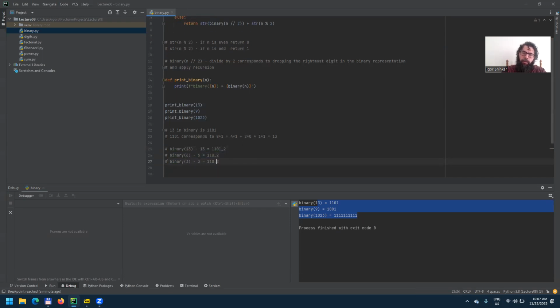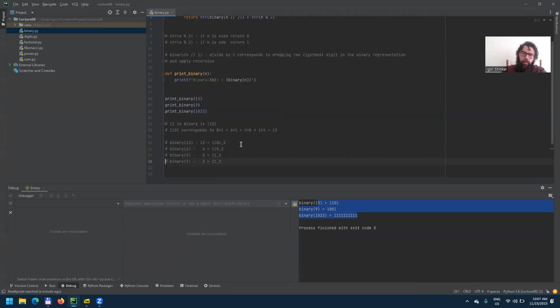This one makes a recursive call to 3, which drops one more digit. This corresponds to 1, which drops one more digit. And this is the base case. I hope this example makes sense.